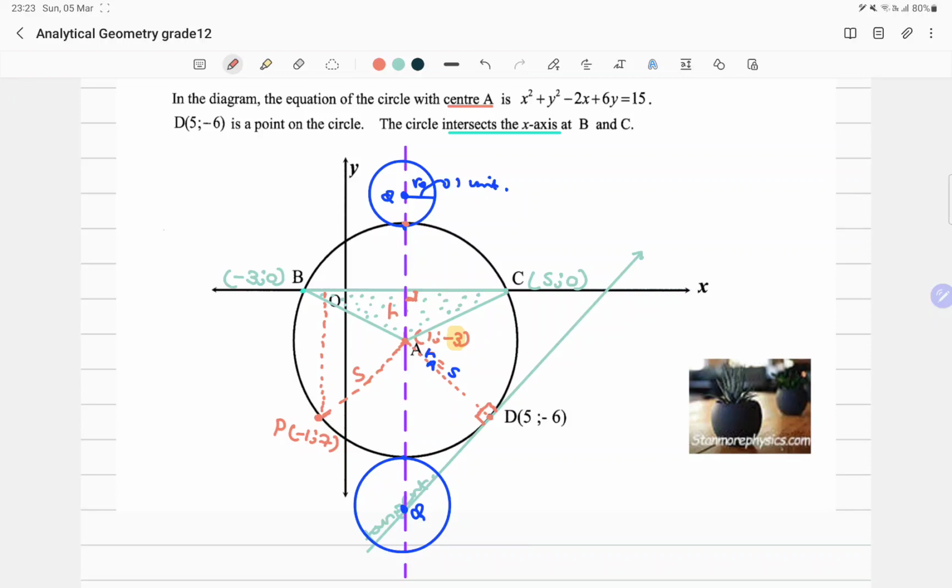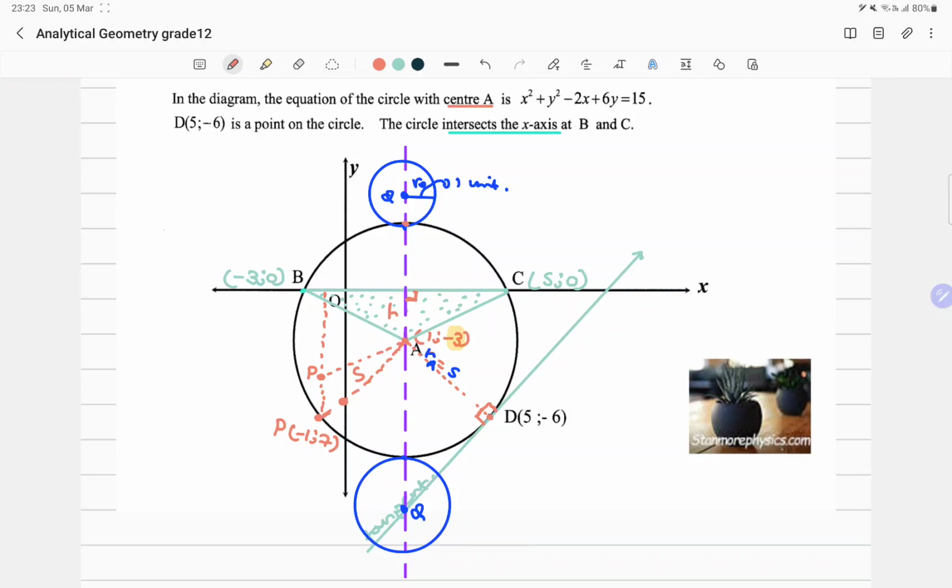If point P is somehow on the inside, say that is point P, which is still -1, -7, it means the distance AP should be smaller than the radius.